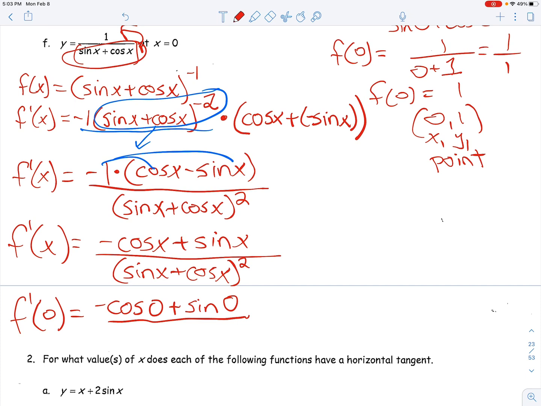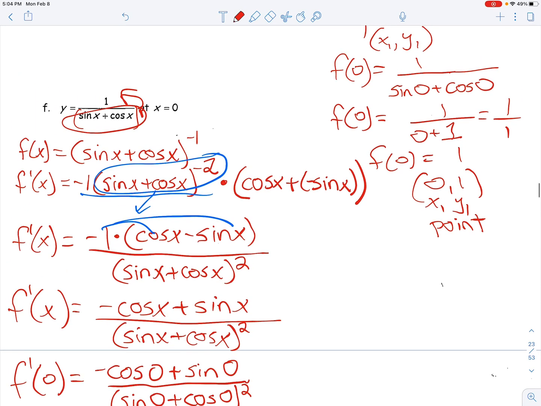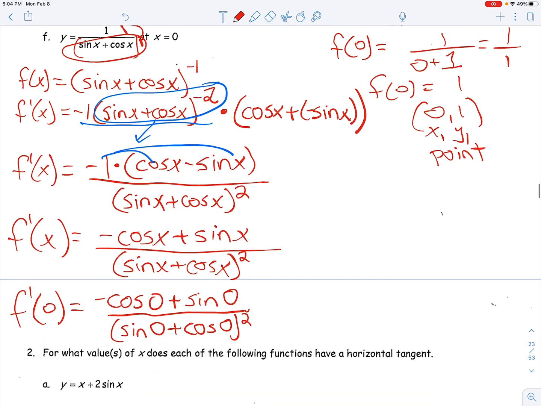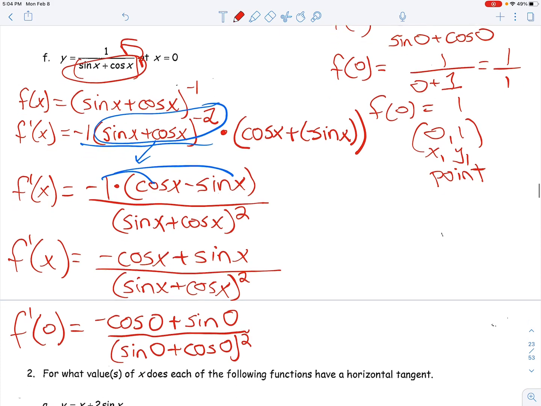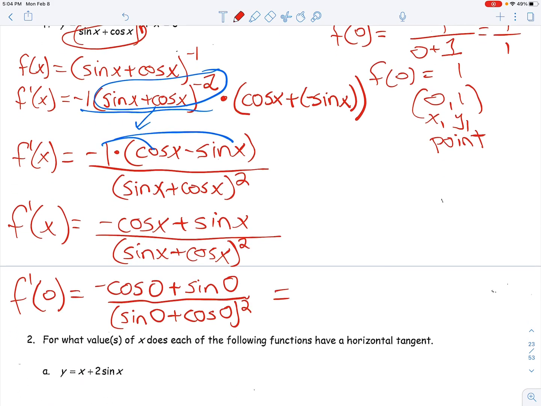So f prime of 0 will be negative cosine 0 plus sine 0 over sine 0 plus cosine 0 squared.